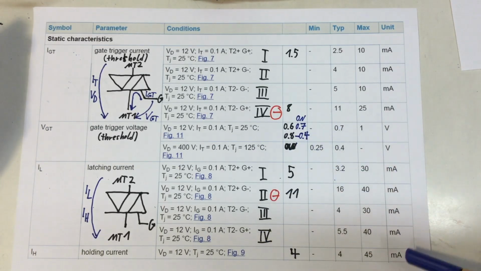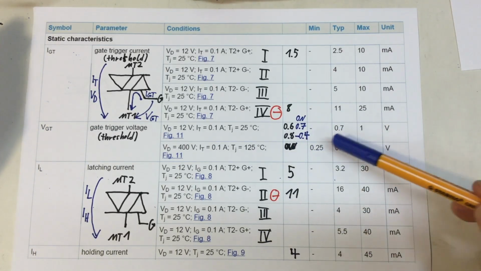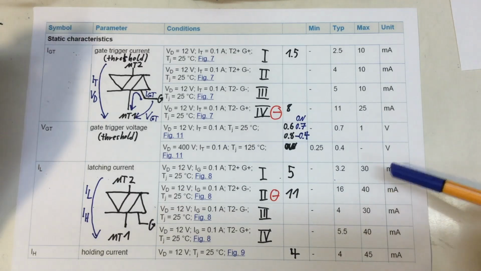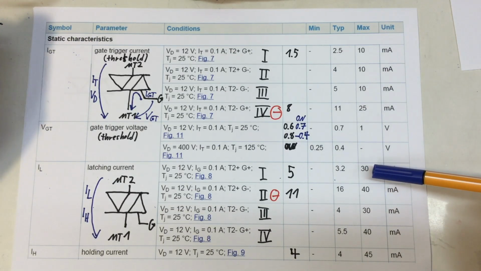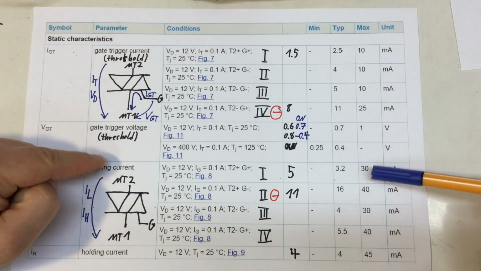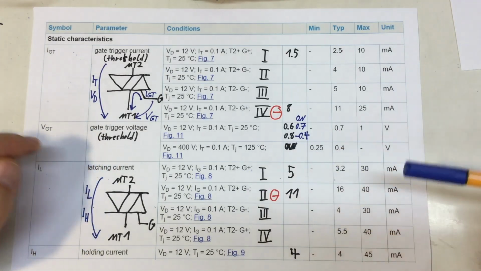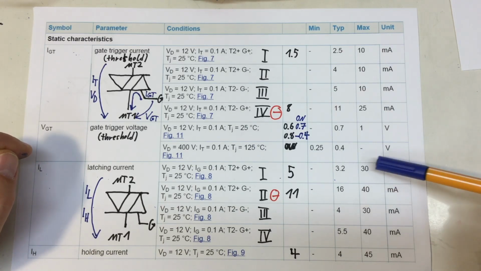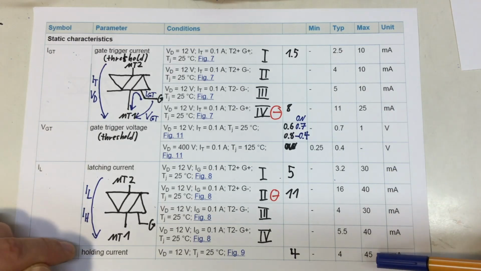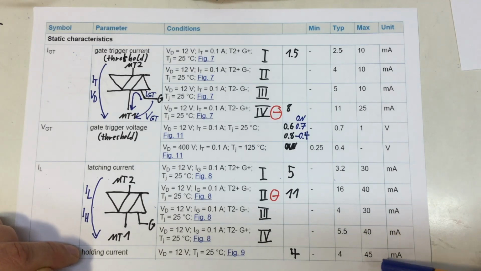There's also a little oddity here in the datasheet. If you look at the maximum values for the latching current, it's, depending on the quadrant, 30 or 40 milliamps. But the worst case holding current is 45 milliamps.